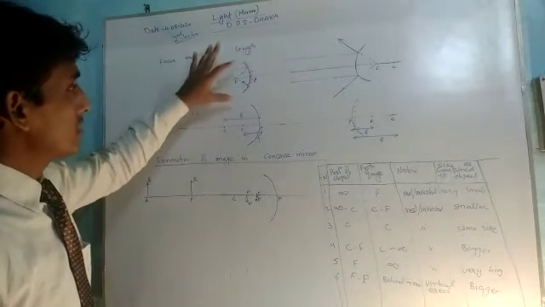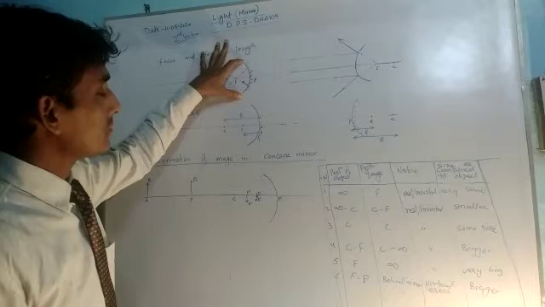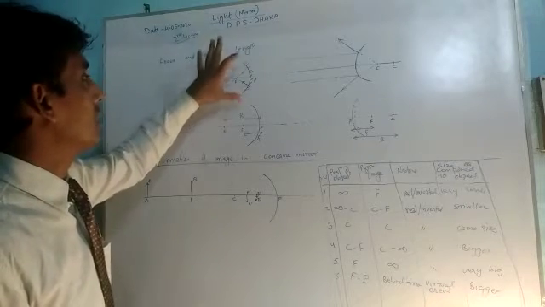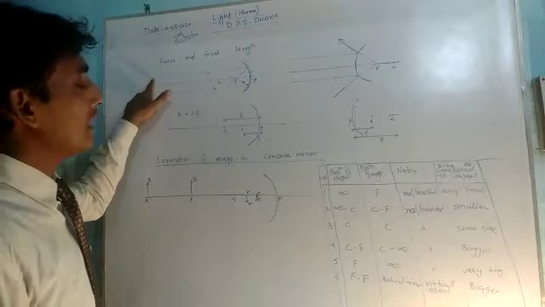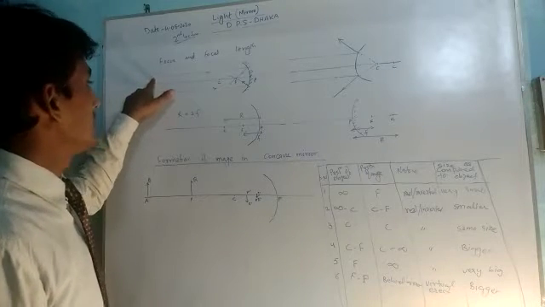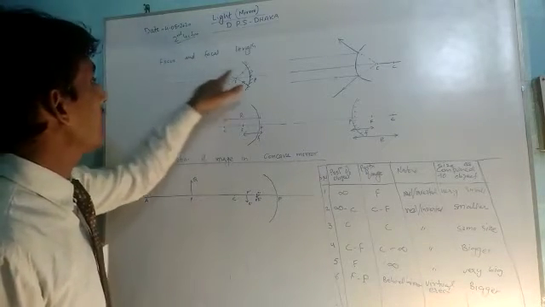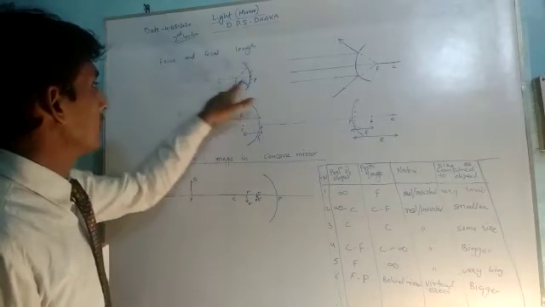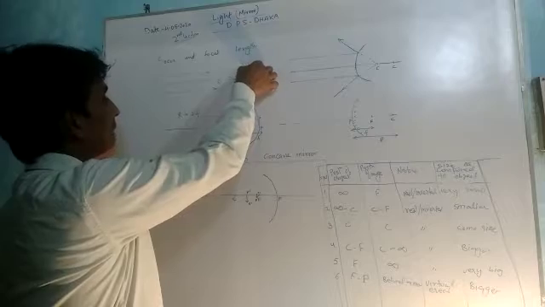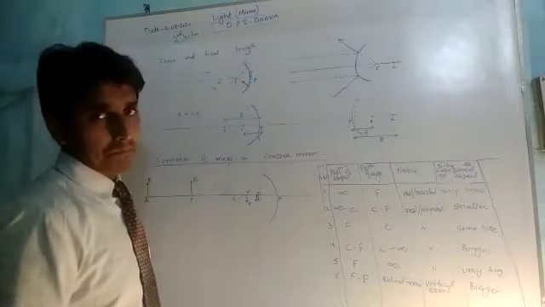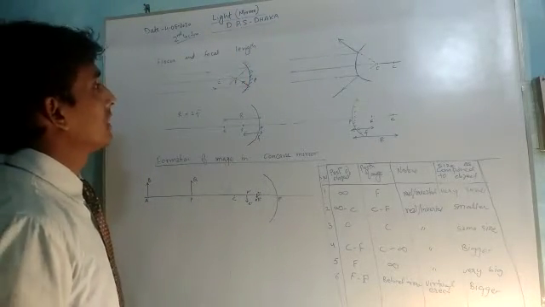So see here, suppose this is a concave mirror. Focus is the point where any ray of light coming parallel to the principal axis meets after reflection from the mirror.